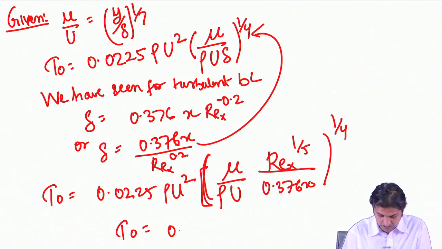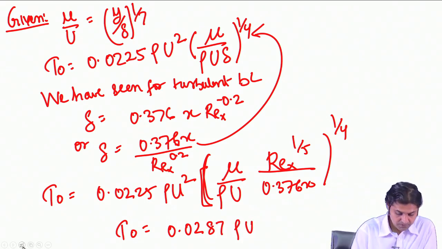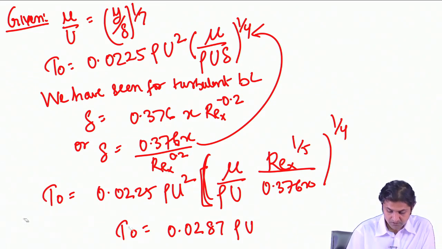we can get tau equal to 0.0287. There are some steps which you will have to do, and I will not miss those steps.